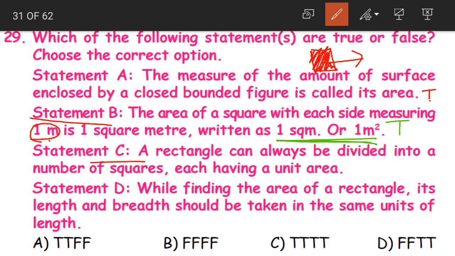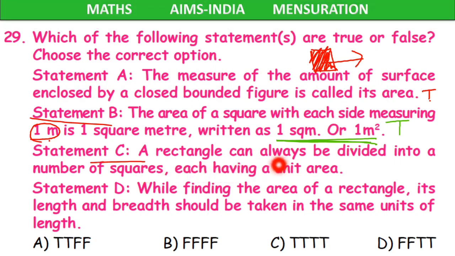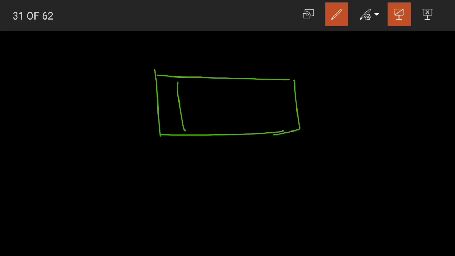Now coming to statement C, a rectangle can always be divided into a number of squares, each having a unit of area. They are saying when we have a rectangle, it can always be divided into a number of squares. Let us see if we can divide or not.